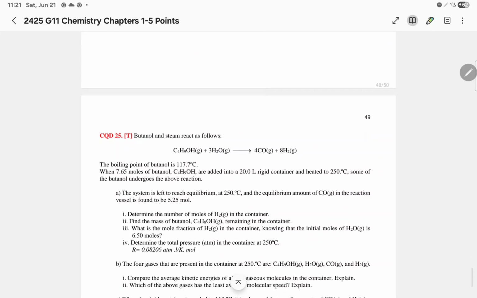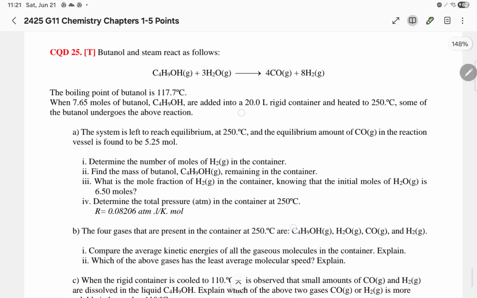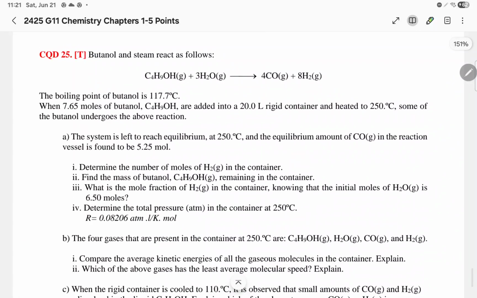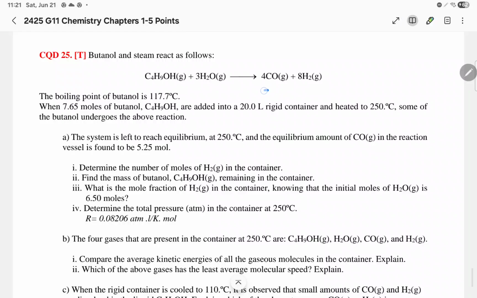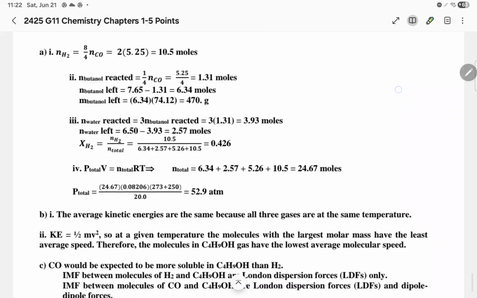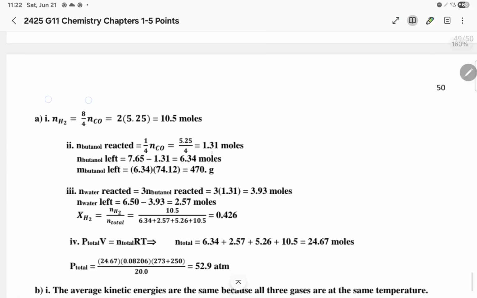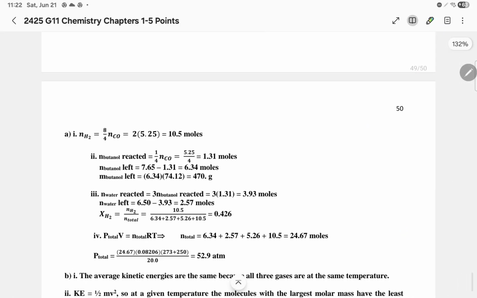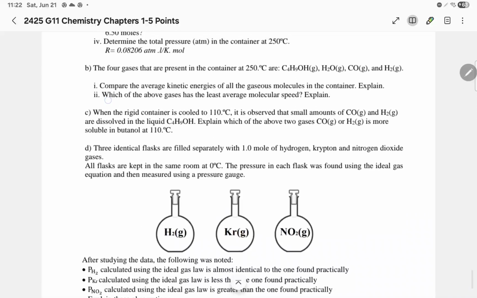We know that there were 5.25 moles, so 5.25 divided by 4 is going to give us 1.3125. Wait, do we even need it? I'm assuming we do, yeah. Yeah, exactly, 1.31.